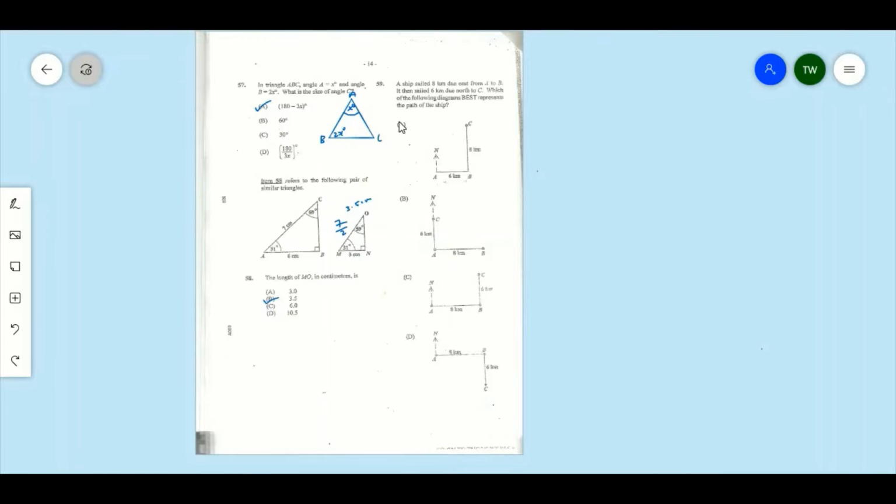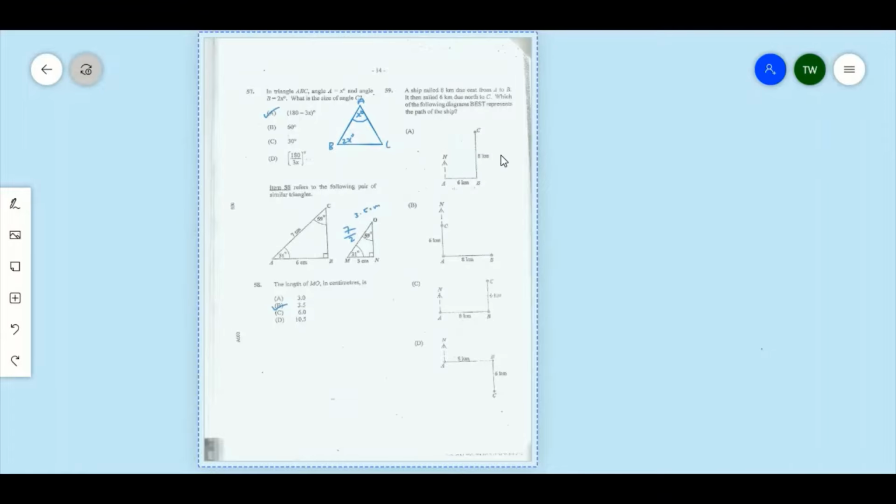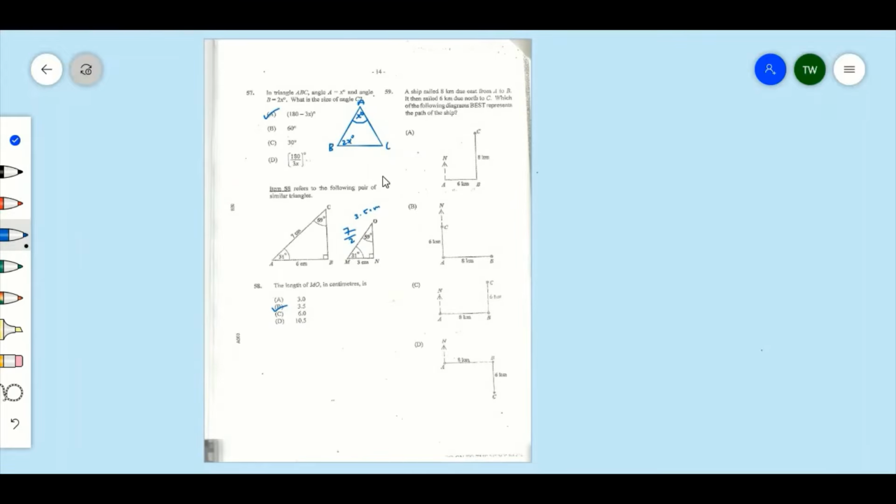So option A is out. Option B is also out because here we are moving from C to A. So option B is out as well.